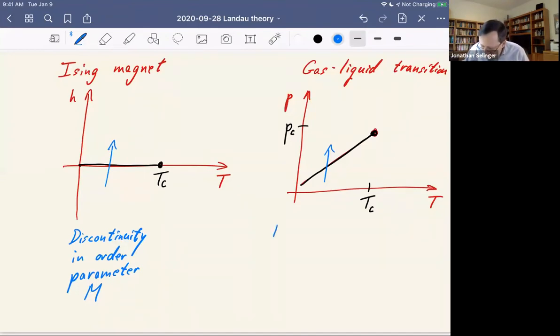Going this way, there is a discontinuity in the volume order parameter, the volume per molecule.